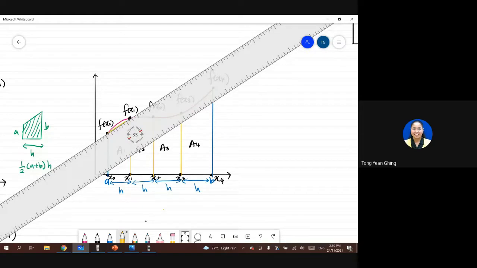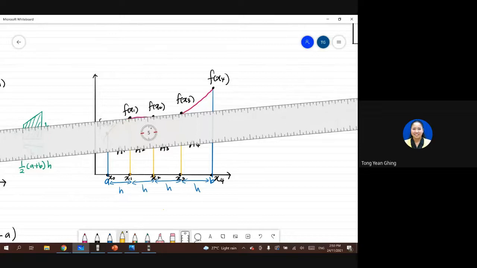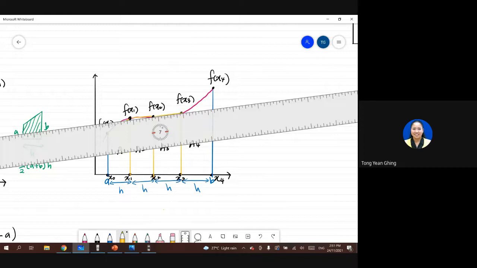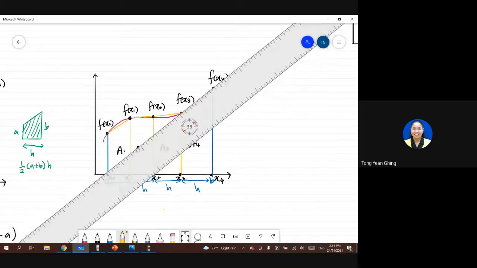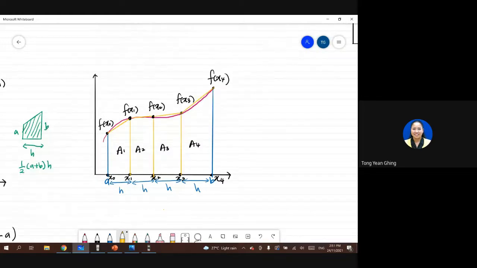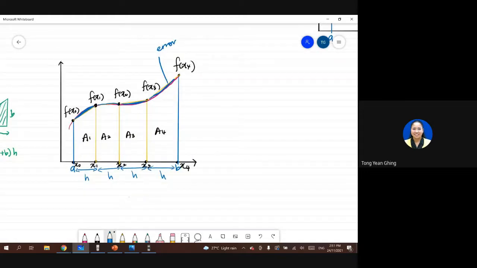This is the first trapezium, this is the second, this is the third, and this is the fourth. If you look at the trapezia now, the error here becomes smaller compared to just now. Now this is the error. Compared to just now, you see the error was so big. So when we divide into several segments, the error will be smaller.